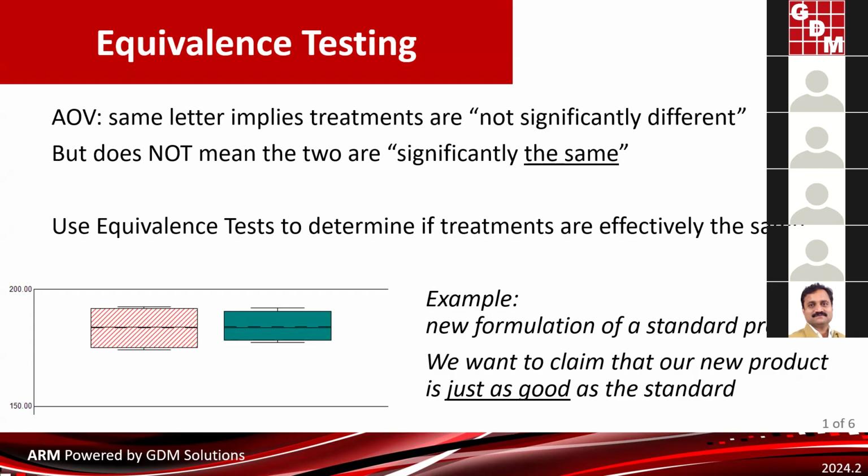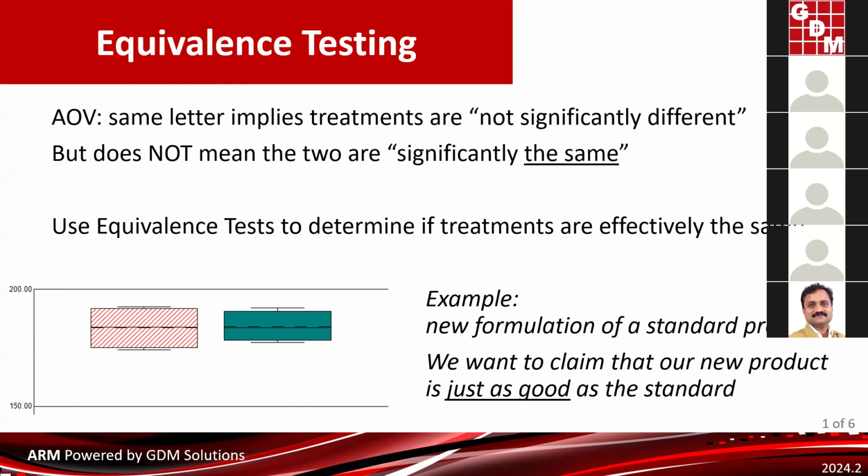So an example maybe of where you would actively be wanting to do this, perhaps you have a new formulation of a standard product out there on the market. And your goal is to claim that your new product is just as good as the standard. I don't have to prove that it's above and beyond better than what was out there in the market because my product is cheaper, or whatever advantage I have somewhere else. My only goal in my conclusion is to say that it is just as good.